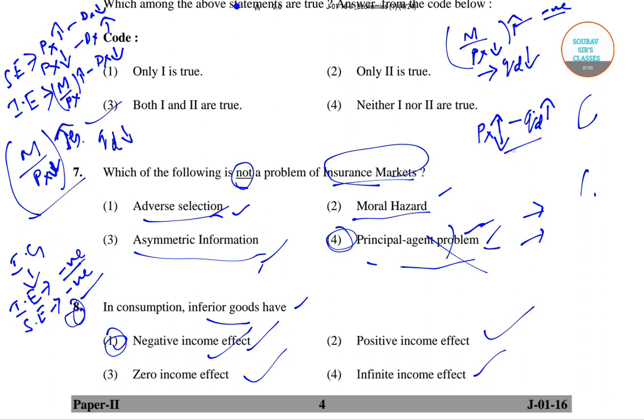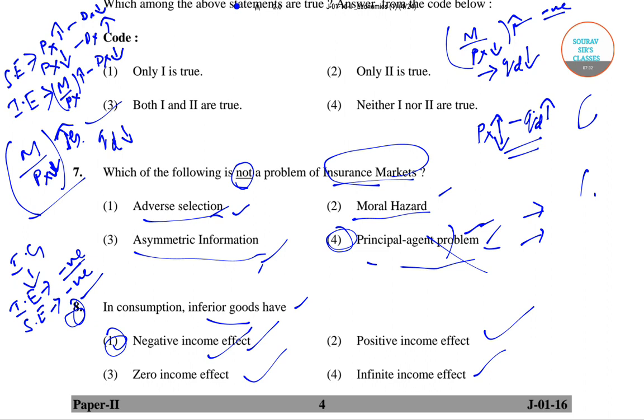The negative income effect of a change in price implies that as a result of a fall in price, the quantity demanded decreases, and negative substitution effect and negative income effect work in opposite directions. So while substitution effect leads to an increase in quantity demanded, the negative income effect leads to a reduction in quantity demanded.